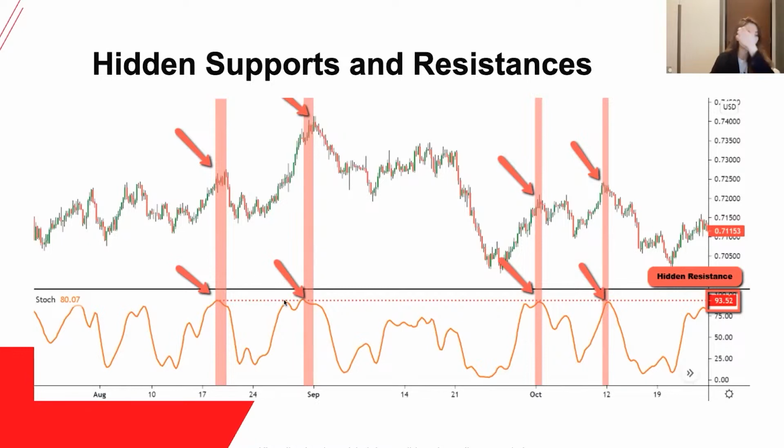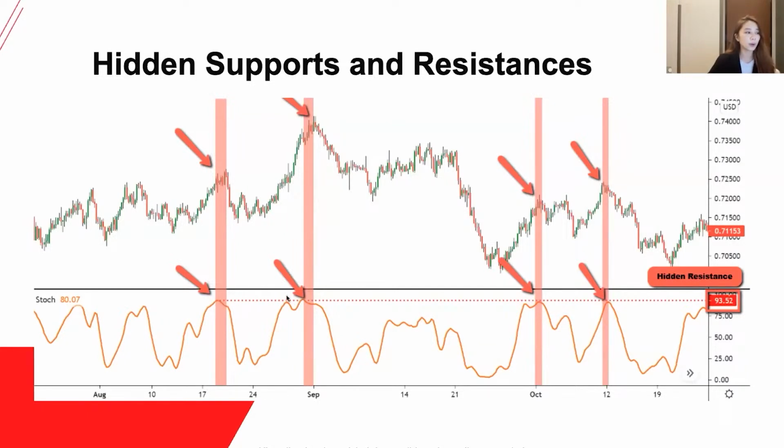So if you stop yourself or let go of your buy-in when the price hits 80, you will be ignoring the hidden resistance at 93.52, and it would cut short the profit you could have possibly made, right?